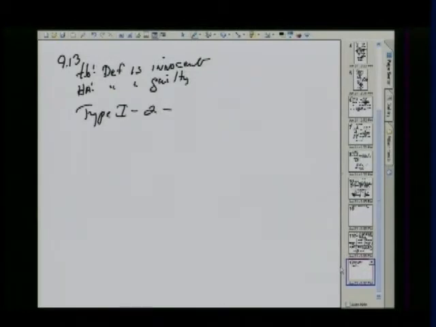The definition is I'm going to reject the null when the null is true. So the truth is what? Go back to the null. The defendant is innocent, but I'm going to say that they're guilty. So my type 1 error is going to occur if the jury says that the defendant is guilty when the truth is that they are innocent.